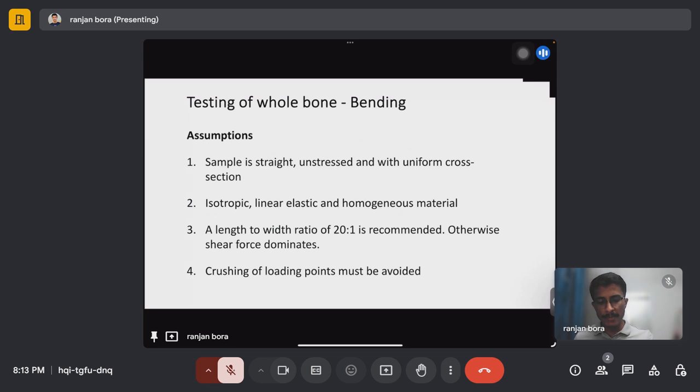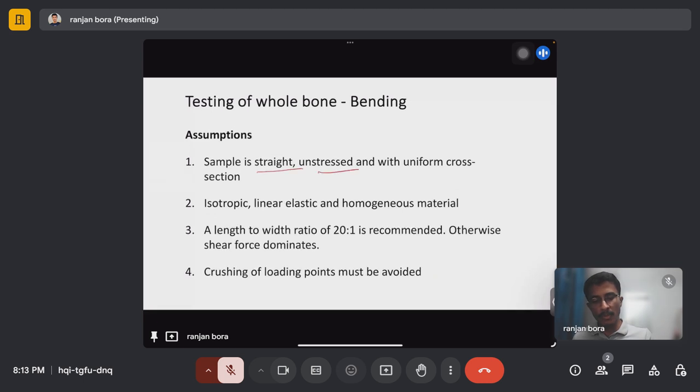Now there are some assumptions for the testing of whole bone. These assumptions are: the sample is straight, unstressed, and with uniform cross section, and the material should be isotropic, linear, elastic, and homogeneous material.